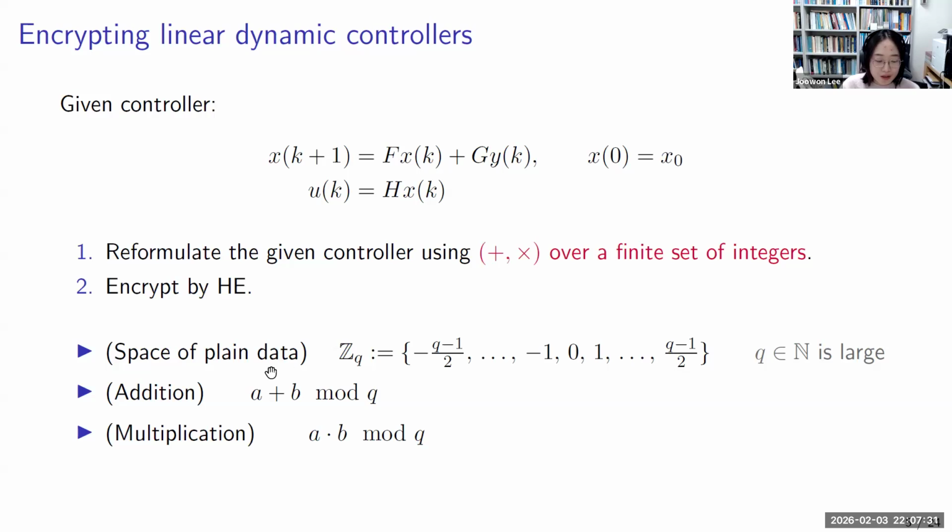And operations, addition and multiplication over ZQ, are defined using the modular operation. And this means that when A plus B exceeds a certain bound, like this, the outcome of the addition over ZQ will be some value that is chopped off.